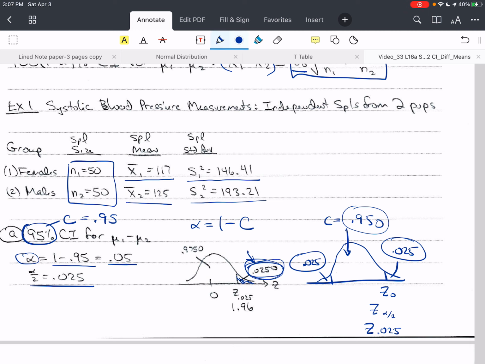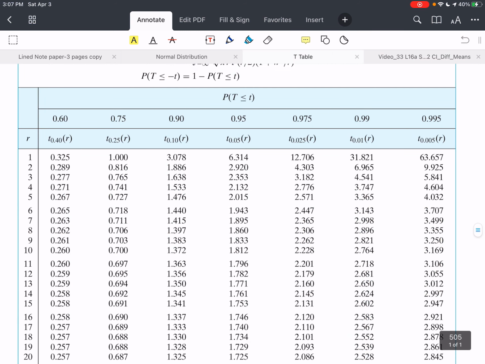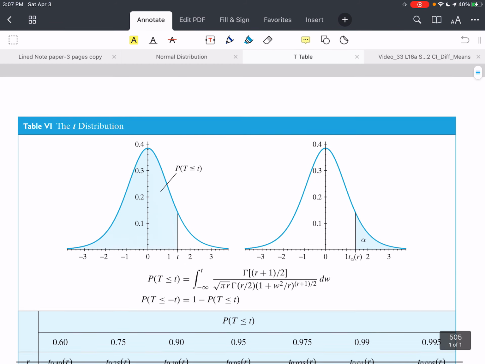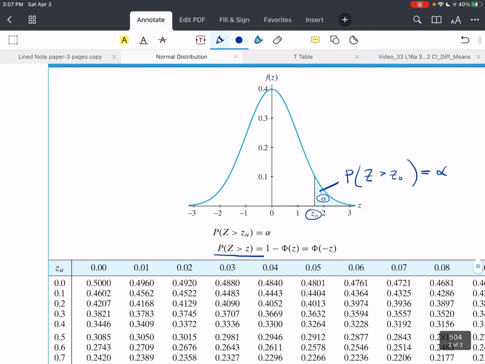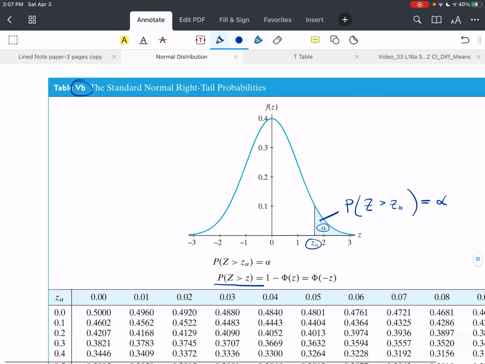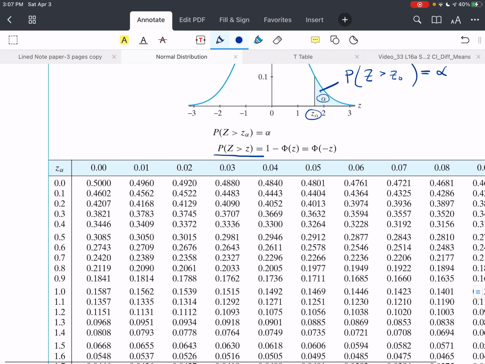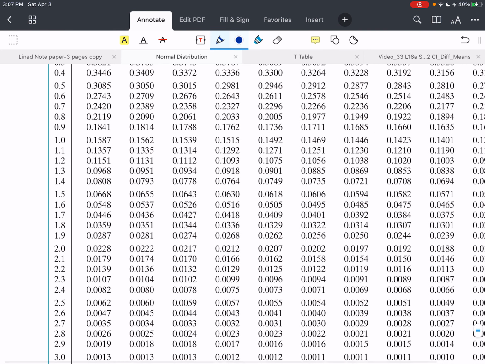So in our diagram, we're looking for 0.025, and it's in the upper tail. That means we need to use table B. I went to the wrong one. So here we go. This table is 5B. We need to use 5B, which is the upper tail. We need to find 0.0100 inside the table. I find 0102 and 0099.